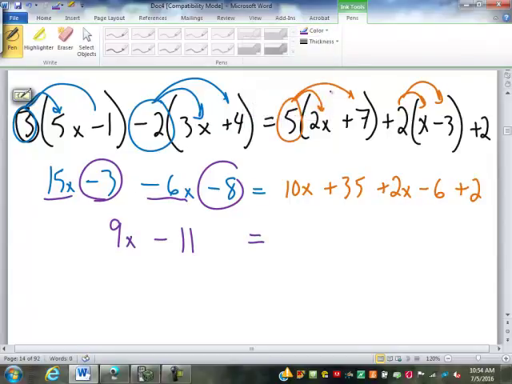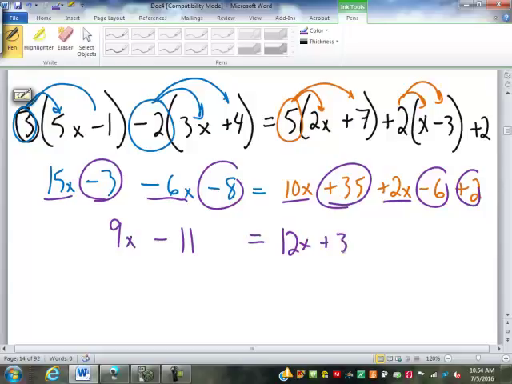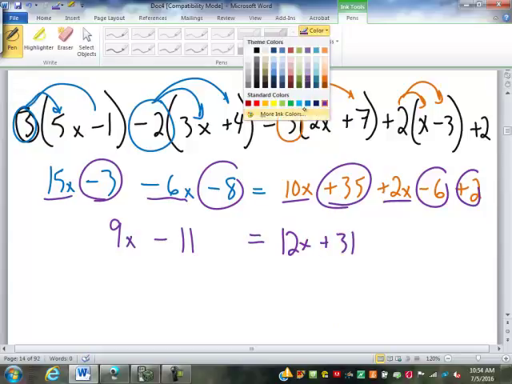And then 10x and 2x make 12x. Now we have positive 35, negative 6, and positive 2, which makes positive 31. Now what?